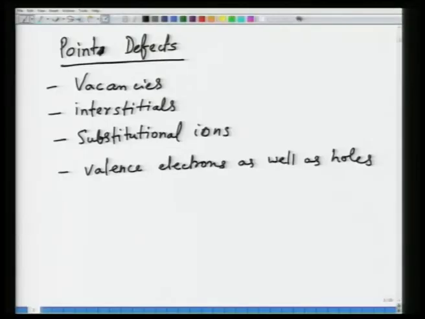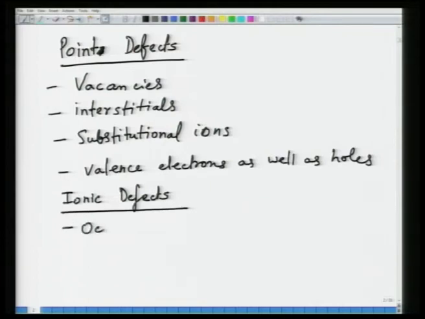So, we can divide point defects further into two categories. The first category could be ionic defects, and in terms of ionic defects, these are the ones which occupy lattice positions, which are the regular positions, and they can be either this or that or that.